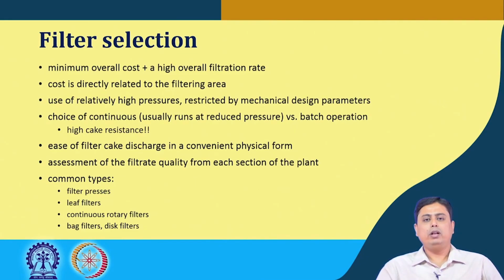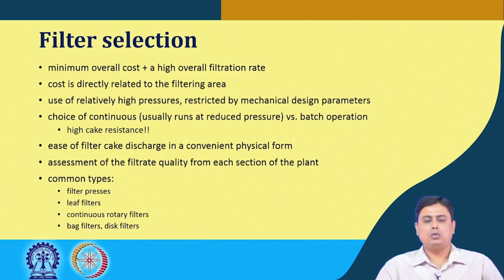Now when we talk about the overall cost, this cost is directly related to the filtering area for any filtration equipment. So if you select a filter that provides, say, larger filtering area per unit volume with the minimum cost, then that can be an optimum selection.